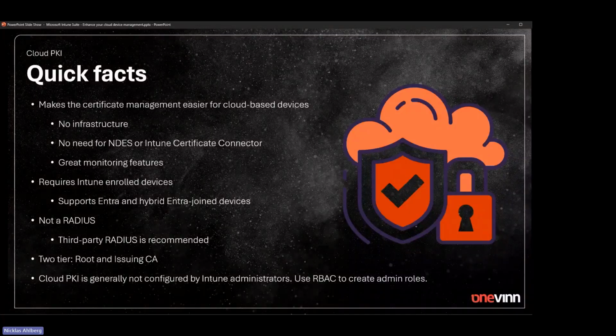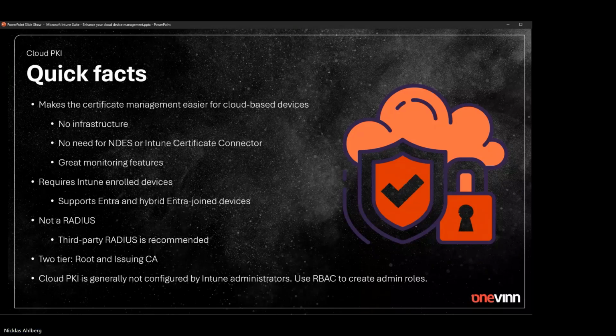We have some great monitoring features as well. Once we have delivered a certificate, we need to be able to follow it over its full lifetime and revoke certificates and so on as well. It does require an Intune enrolled device, but it does also require it to be Entra joined or hybrid Entra joined if that's your preference.